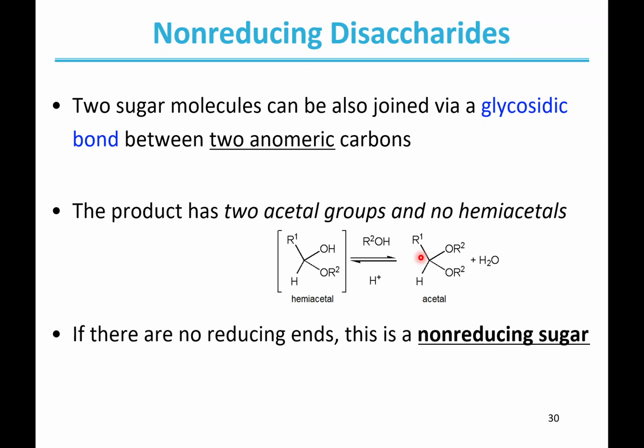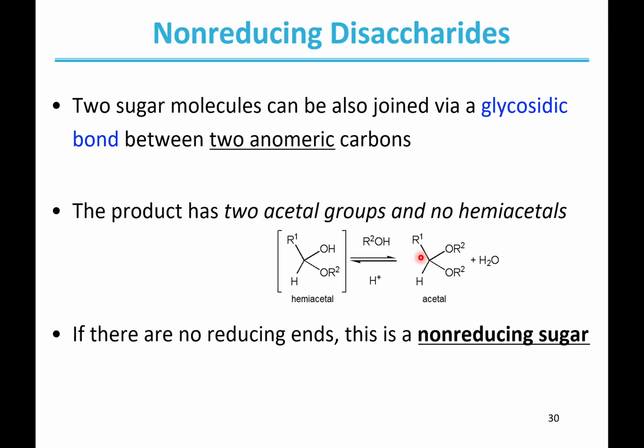But you can also have a case where two sugar molecules are joined by a glycosidic bond between two anomeric carbons. The anomeric carbon on one sugar can form a glycosidic bond to the anomeric carbon on another sugar. When that happens, you get a disaccharide that has no reducing carbons on it.